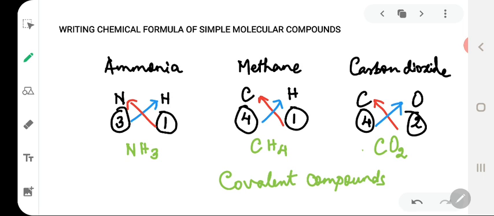The compounds listed above are heteroatomic in nature. It means that different elements participate in these compounds. They may be homoatomic also, which means that these are formed from the atoms of the same element. For example, hydrogen molecule, which is H2, chlorine molecule, which is Cl2, oxygen molecule, which is O2, nitrogen molecule, which is N2, and so on.